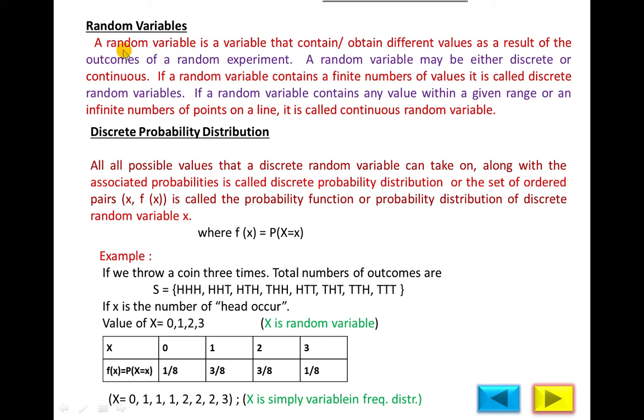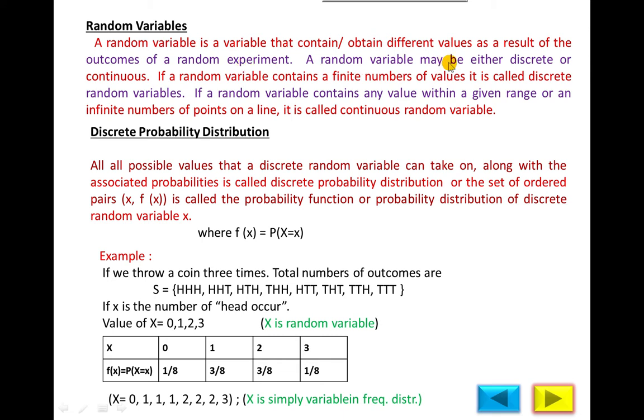The definition is: a random variable is a variable that contains or obtains or takes different values as a result, and this is the most important word, of the outcomes. Not only outcome, but the result of the outcome of a random experiment.